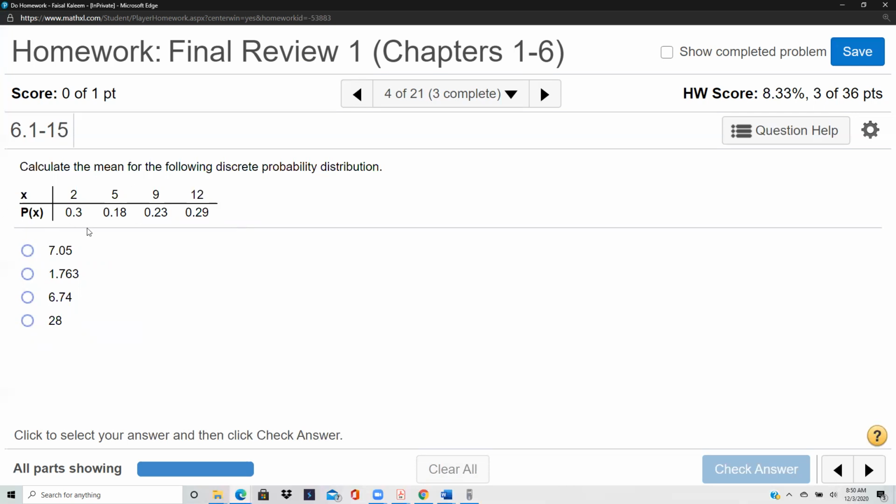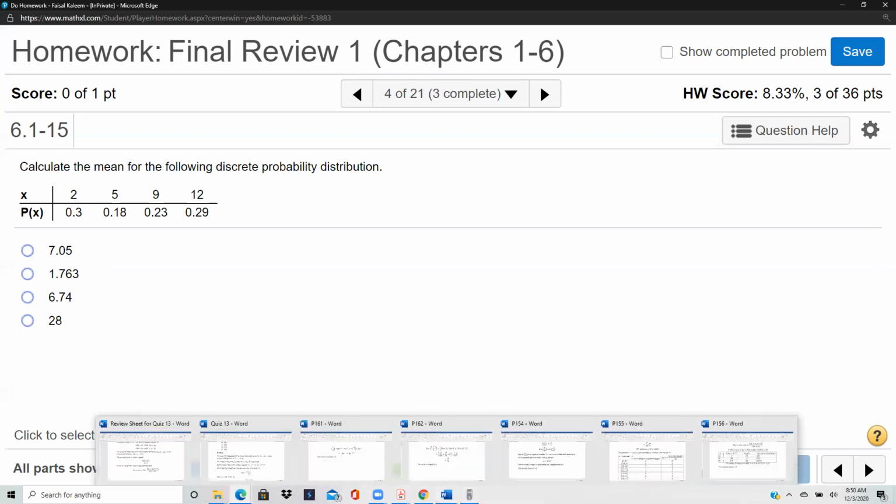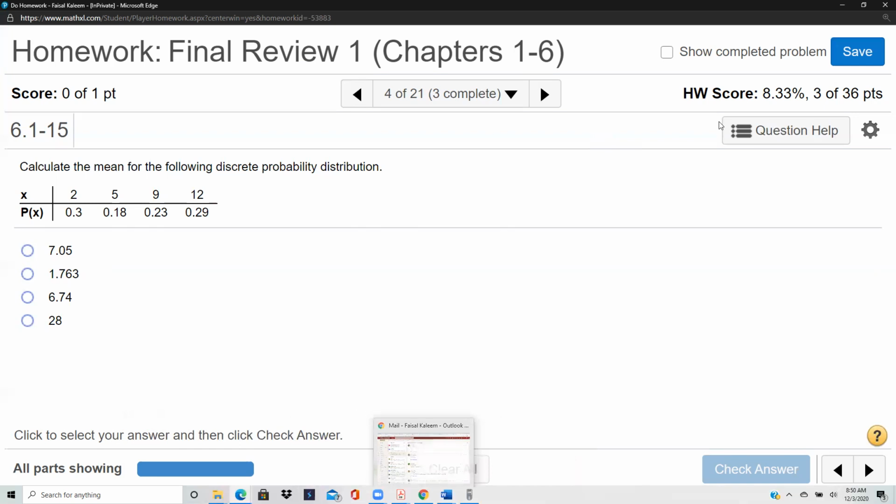So if you want to do it by hand, you would multiply these entries, the 2 times 0.3 and the 5 times 0.18 and all the rest of them, and then you would add the results. But sometimes in these problems, they also ask the standard deviation. So then you should also know how to put it in StatCrunch. And when you put it in StatCrunch, it calculates both the mean and standard deviation. Okay, so we will put it in StatCrunch.